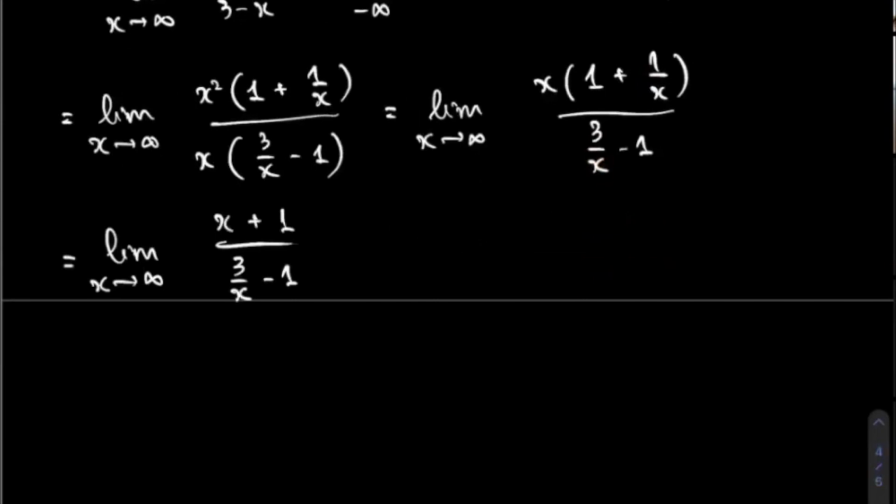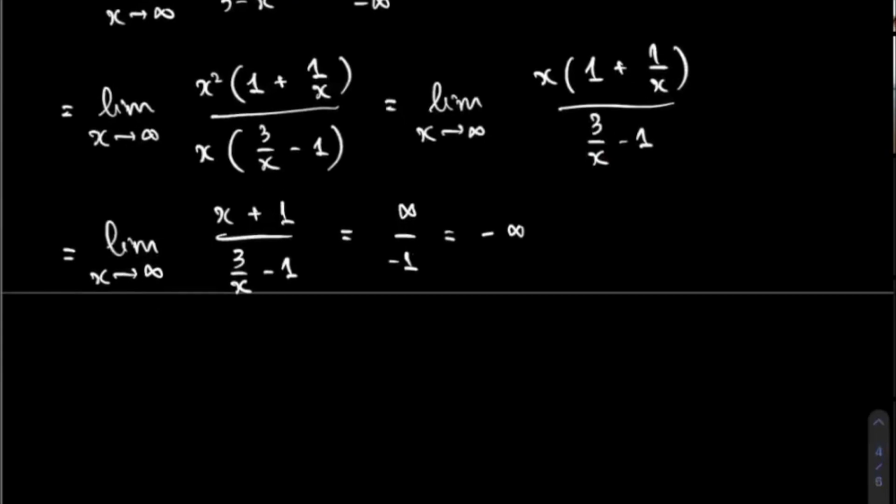The limit of 3 over x is going to be equal to 0, and you're left with infinity over negative 1, which is negative infinity for the answer. Right, because the limit of the function approaches a big negative number, it's not a constant, so that shouldn't be a horizontal asymptote, right? Or you can say the limit does not exist.